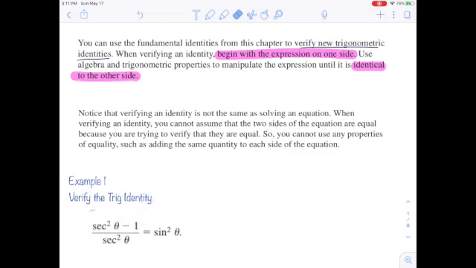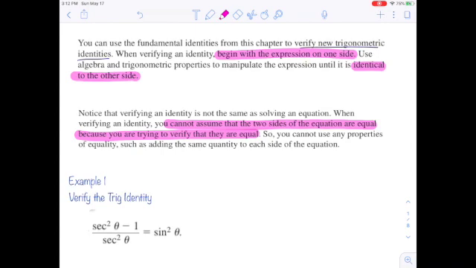You want to notice that when you verify an identity, it's not the same as solving an equation. That's really important because when you verify an identity, you cannot assume that the two sides of the equation are equal, because you are trying to verify that they are equal.